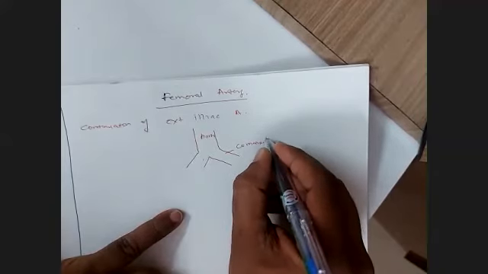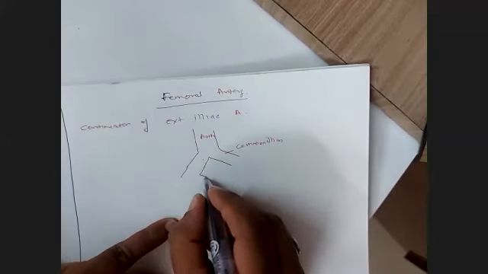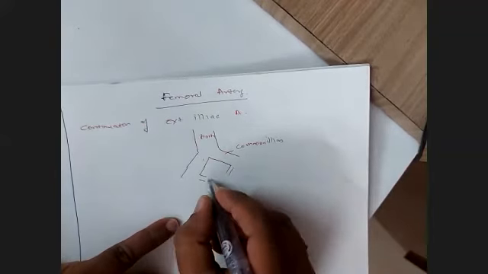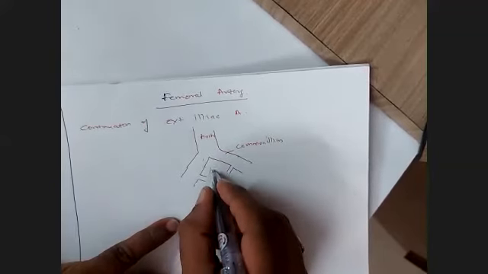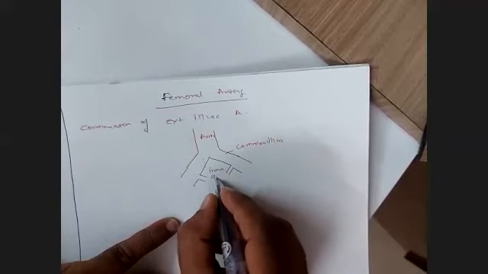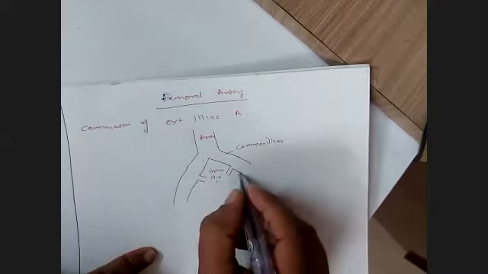The two common iliacs then divide into internal iliac, which supplies the pelvis. So these are the two internal iliac arteries. They will go to the pelvis, and two external iliac arteries.